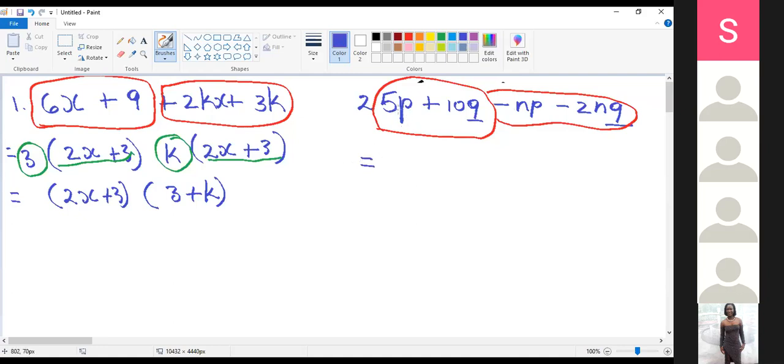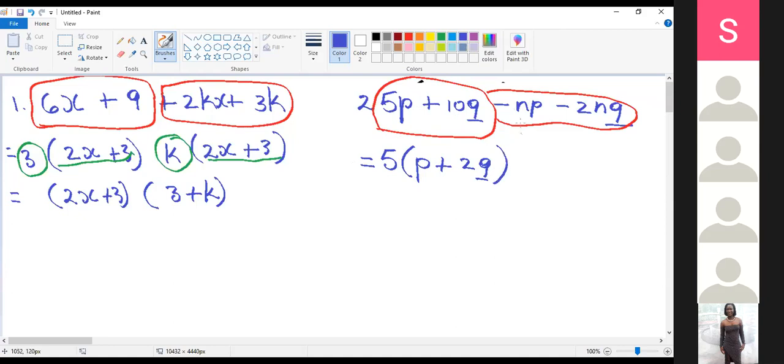What is the factor for 5P and 10Q? 5. All right, so 5 into 5P goes P. 5 into positive 10Q is positive 2Q.